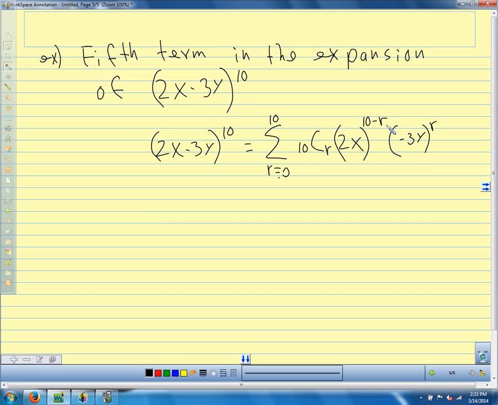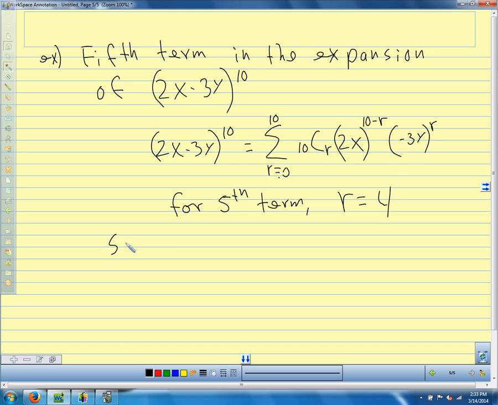Because when r equals 0, I get the first term. When r equals 1, I get the second term. So for the 5th term, r equals 4. So I'm just plugging r equals 4 into this expression.